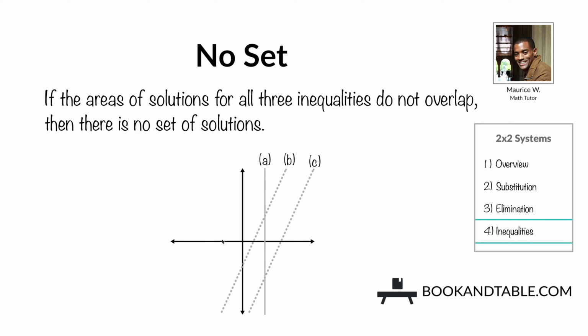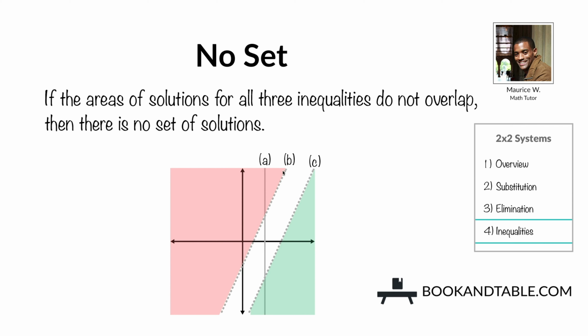If the areas of solutions for all 3 inequalities do not overlap, then there is no set of solutions. So 2 overlapping areas will not do it. We need all 3 to overlap. So let's say we had inequalities A, B, and C, but let's say B and C are parallel. If that is the case, then there's a chance that we will end up with an empty set.